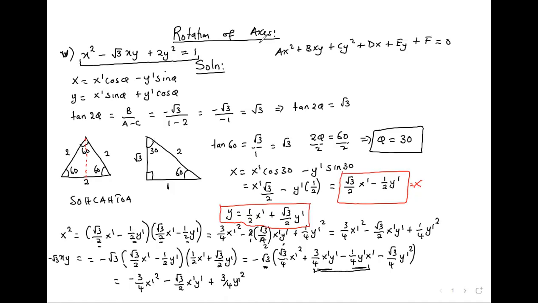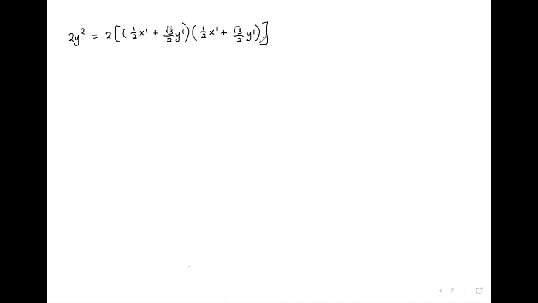That is what you're supposed to get. Then we expand. So we get a 2 here. Then we'll have x prime squared over 4 plus root 3 over 4 x prime y prime plus root 3 over 4 x prime y prime plus 3 over 4 y prime squared.